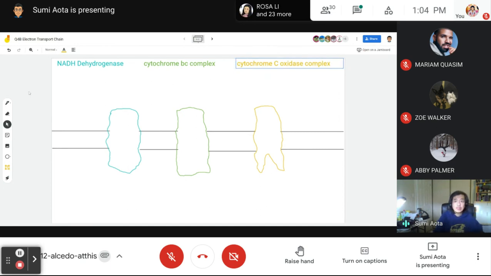Okay, so those are my three carriers, or my three protein complexes that go through the membrane. I also have two other complexes. They're more like movable molecules. One sitting there and one sitting up here.